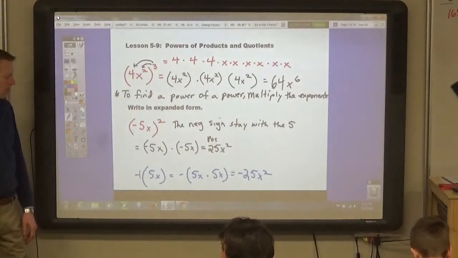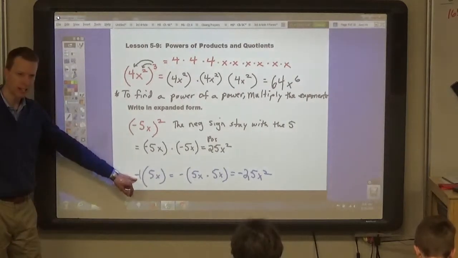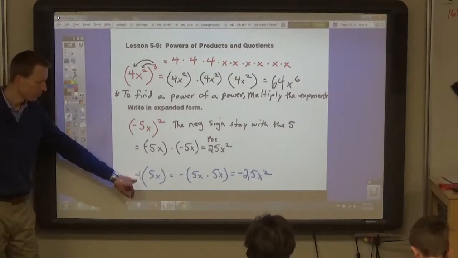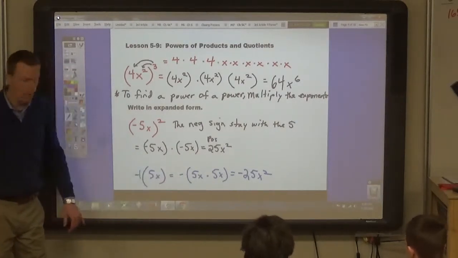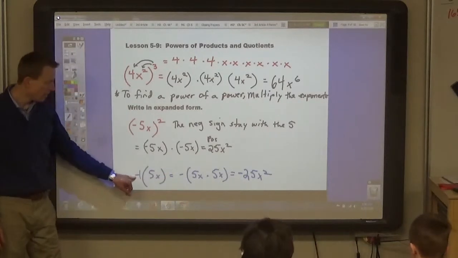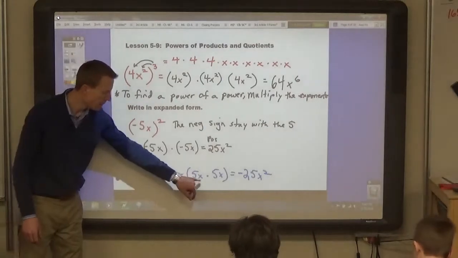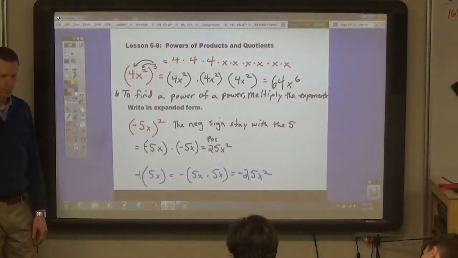Okay? But what if the negative sign is outside the parentheses? Then the whole thing is negative, right? Then this is a negative, then this is negative 5x times 5x. Okay?